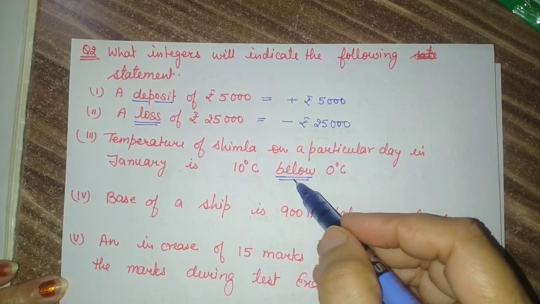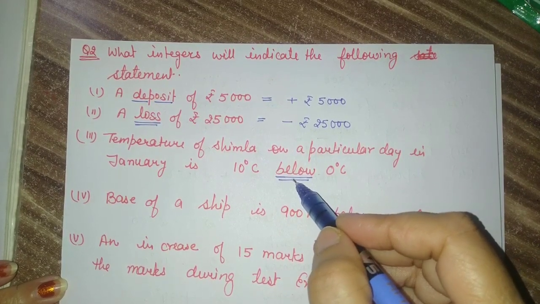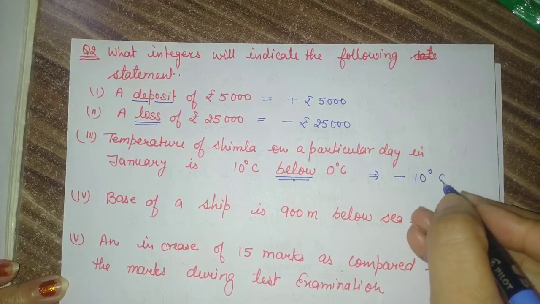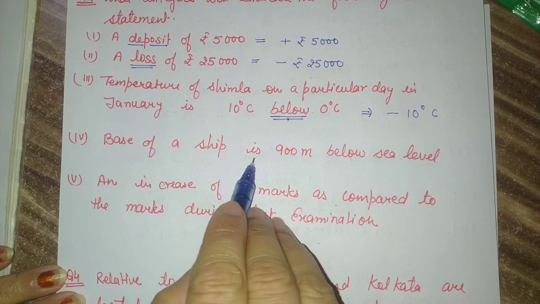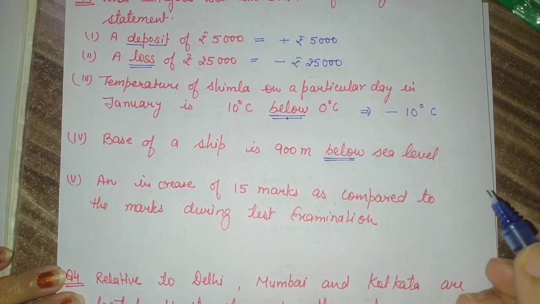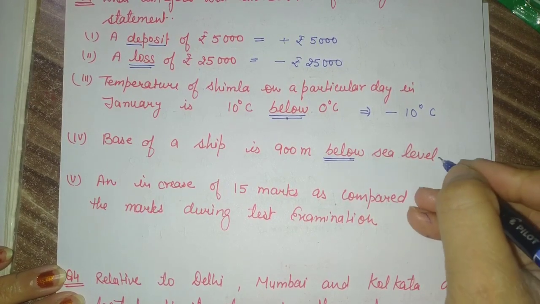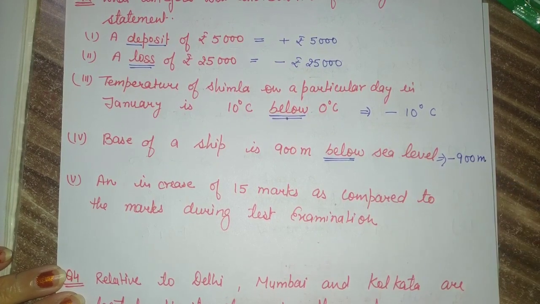So below is our key term and below is used for the negative number. So what will be the temperature? Minus 10 degree Celsius. Next, base of a ship is 900 meter below. Same below, the key term below is used for the negative number. So we use here minus 900 meter.